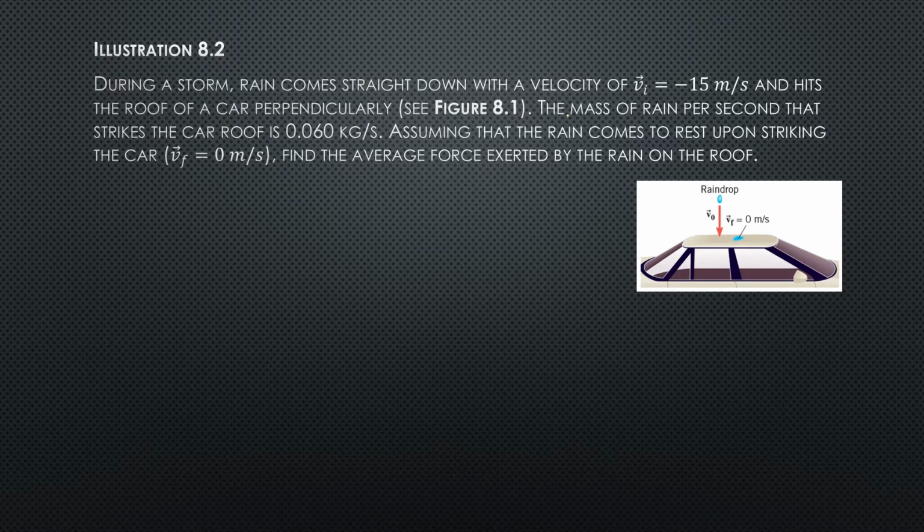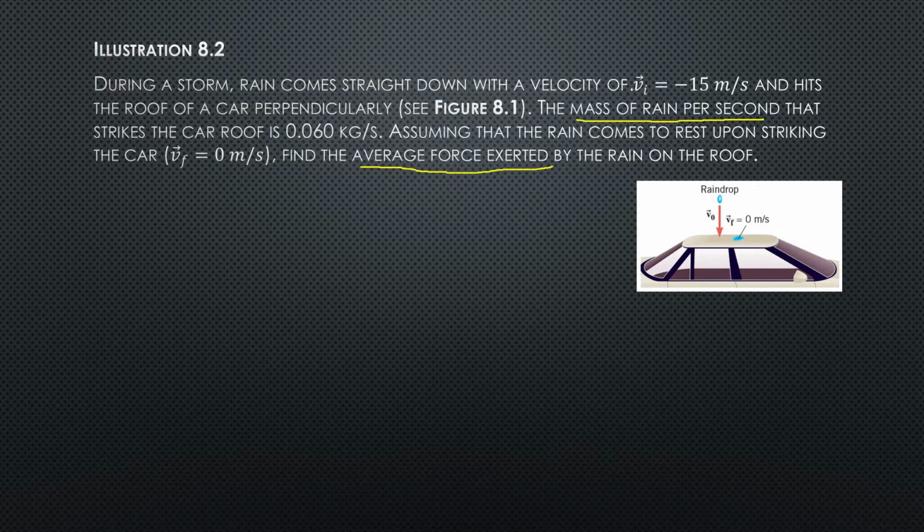The mass of rain per second that strikes the car roof is 0.06 kilograms per second, assuming that the rain comes to rest upon striking the car, giving a final velocity of the raindrop of 0. Find the average force exerted by the rain on the roof.